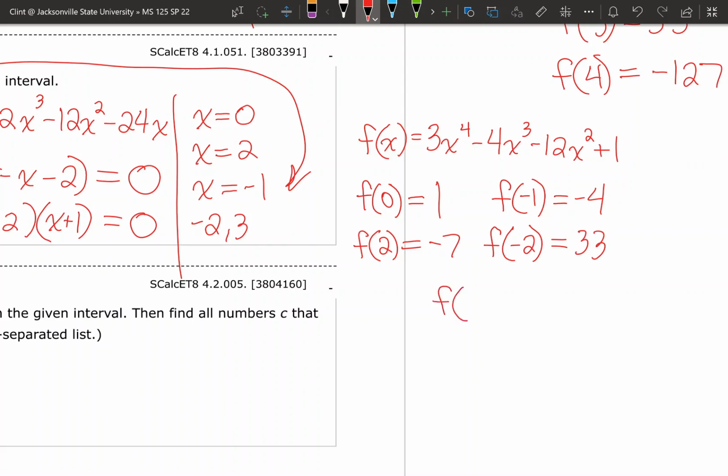And then f of 3. So 3 times 81 is 3 to the 4th, minus 4 times 27, minus 12 times 9, plus 1, 28.